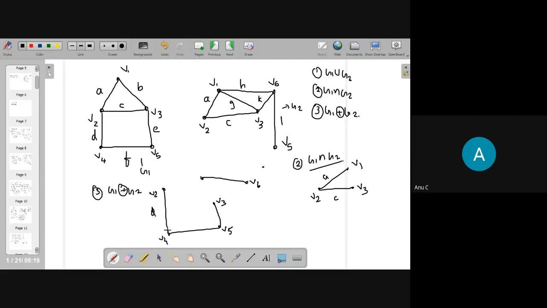Here edge T, here F, E, then I, K, V1, here H, G, then B. That means common edge ഏതാണ് A and C. അത് എലിമിനേറ്റ് ചെയ്തിട്ടുള്ള ഗ്രാഫ് ആയിരിക്കും G1 ring sum G2 ലെ resultant graph.